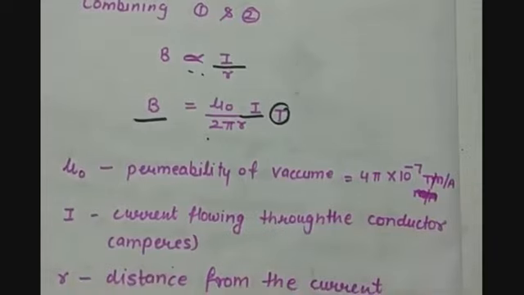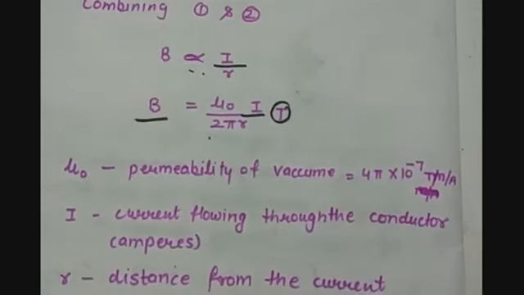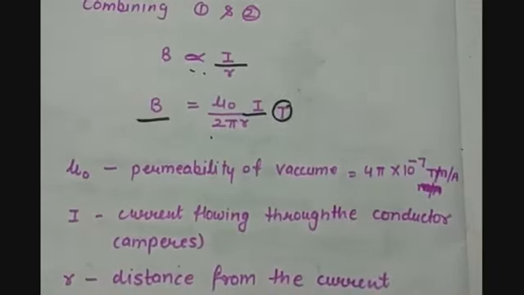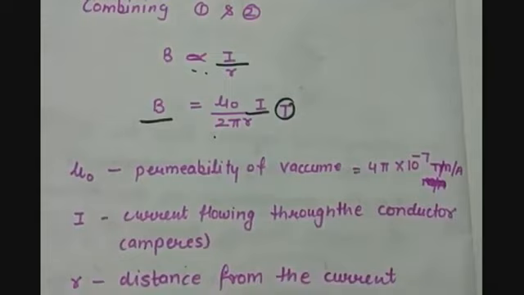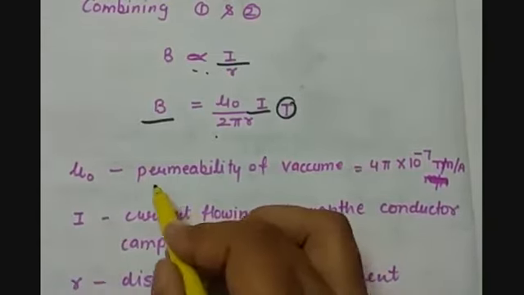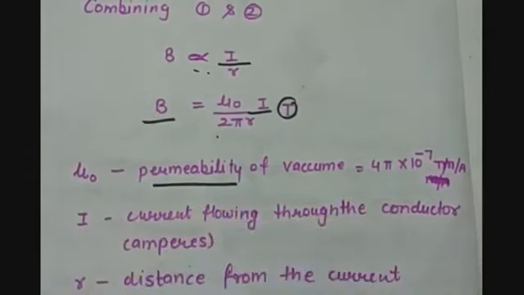We have discussed the permeability of vacuum, that is, the amount of magnetic field lines that pass through the vacuum or any medium is its permeability. As we were talking about permittivity in the case of the electric field, here in the case of the magnetic field we have permeability.